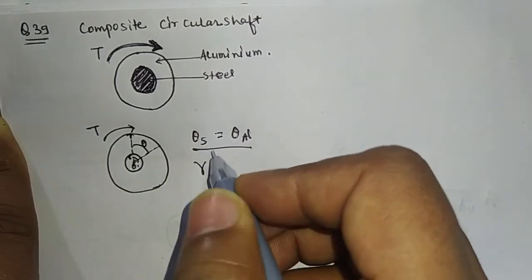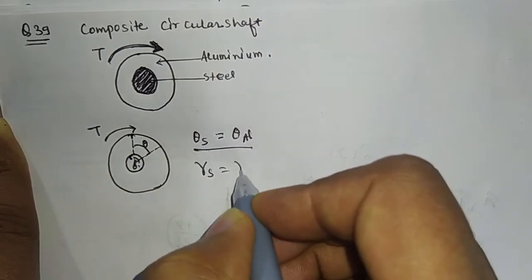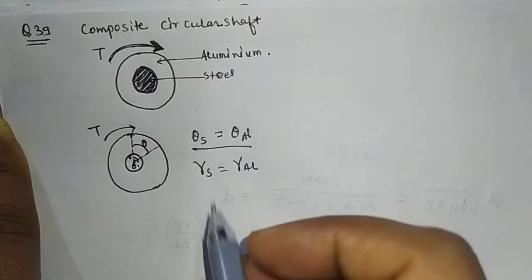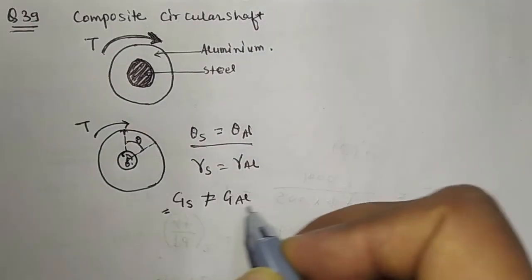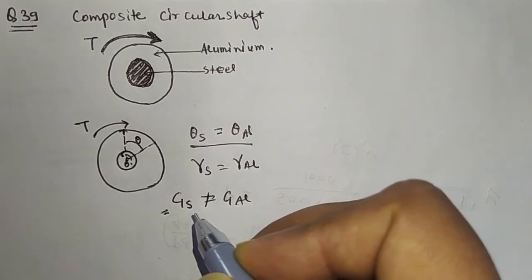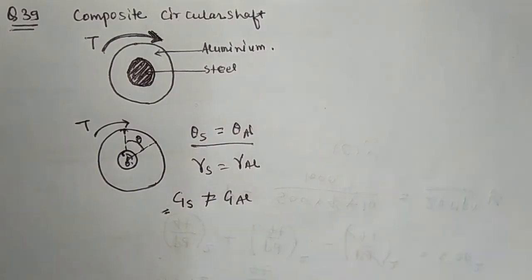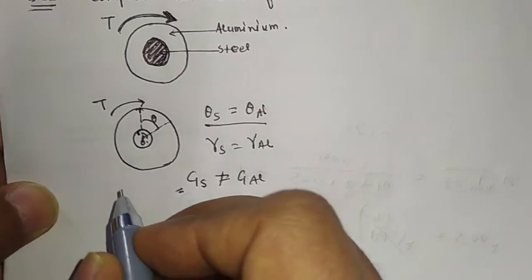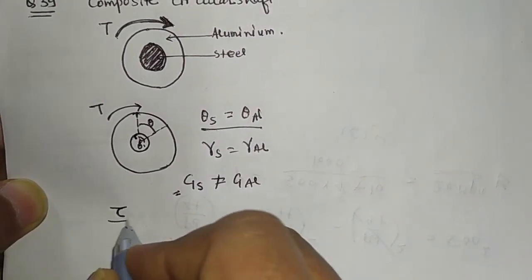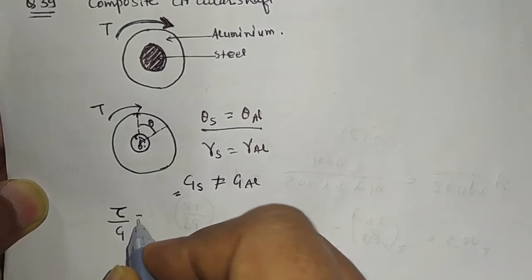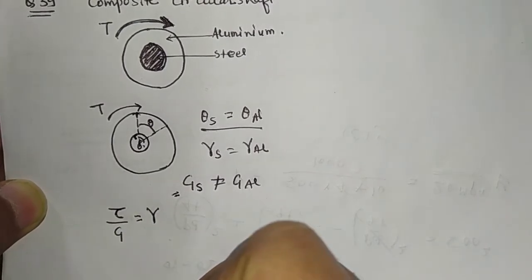Shear strain will remain the same, but shear stress depends on the shear modulus. As they are different materials, the shear modulus will be different, and we know that the shear stress divided by G will be equal to shear strain.